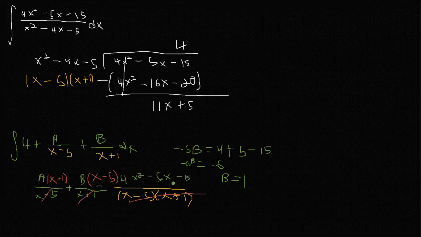And then we will do the same thing for x is equal to 5. So we're going to say 6a is, because 5 plus 1, equal to 4 times 25 minus 25 minus 15.